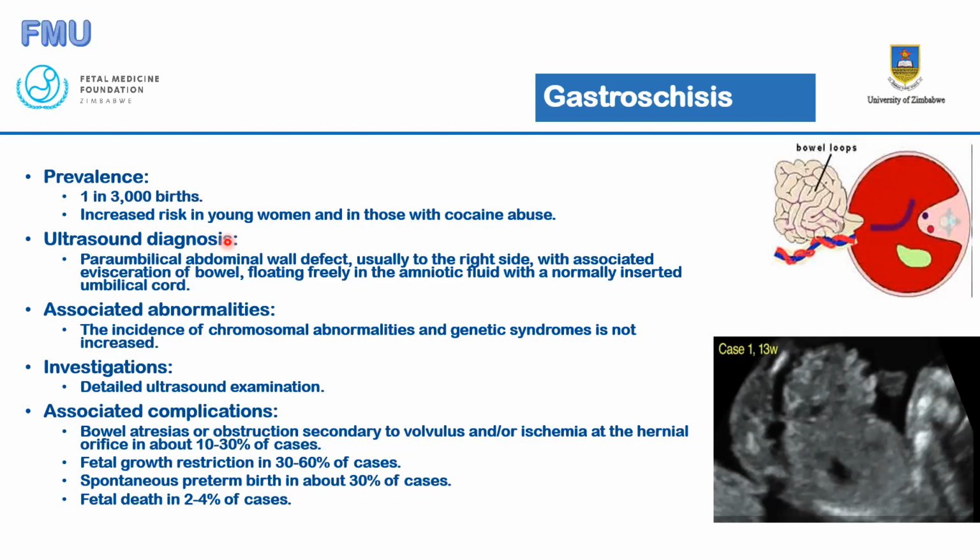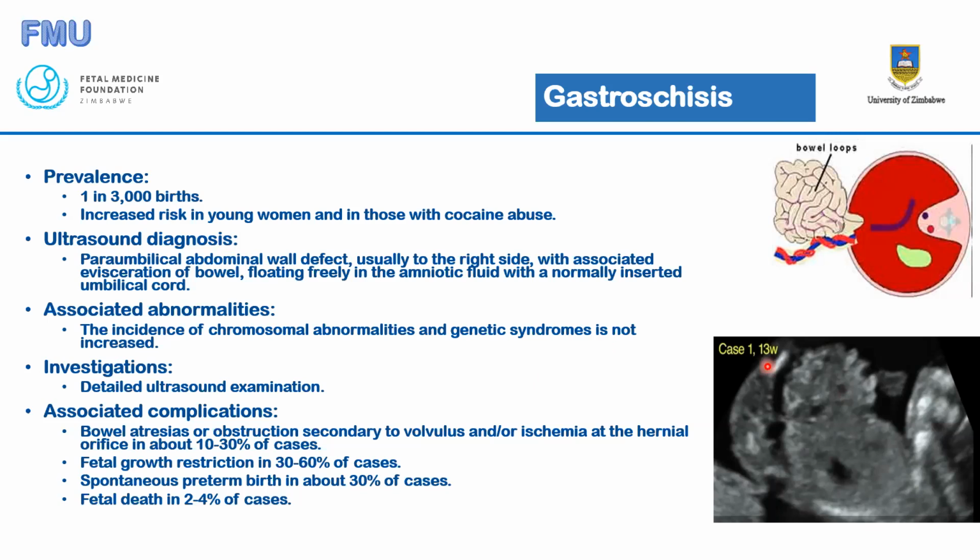So it's a paraumbilical abdominal wall defect, usually to the right side, with associated evisceration of bowel, which will be floating freely in the amniotic fluid with a normally inserted umbilical cord. That's how we distinguish it from exomphalos. It's very important to distinguish the two. The incidence of chromosomal abnormalities and genetic syndromes is not increased in babies with gastroschisis, very important in isolated cases.